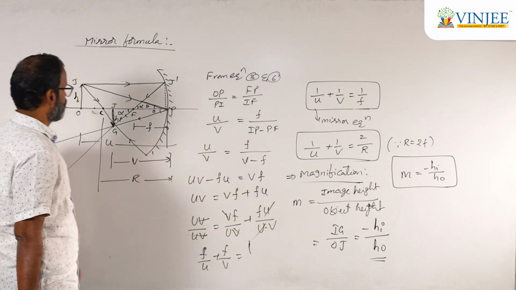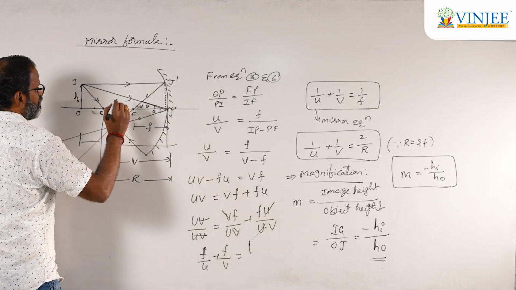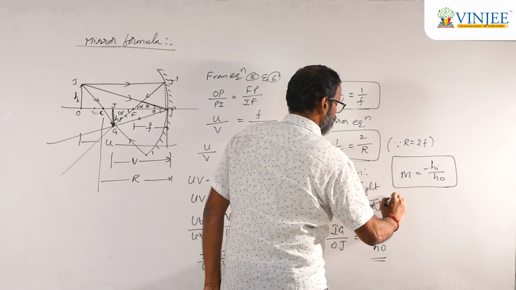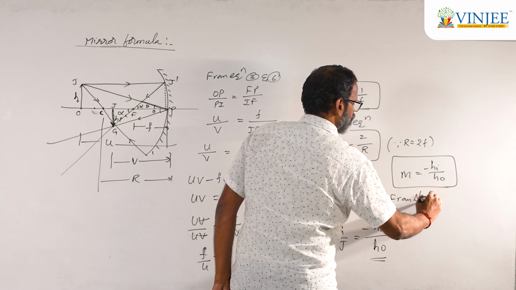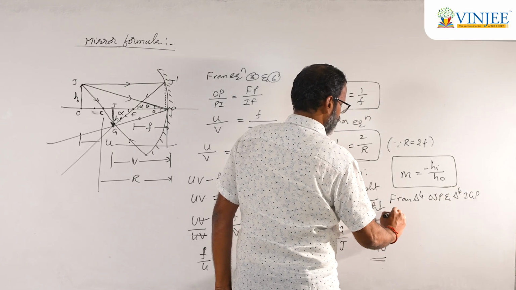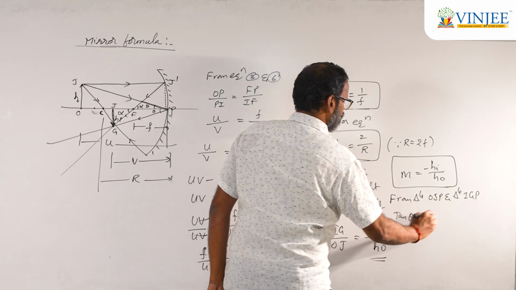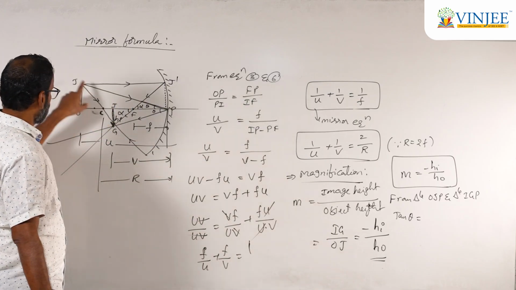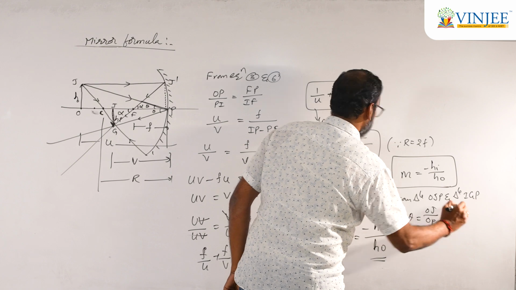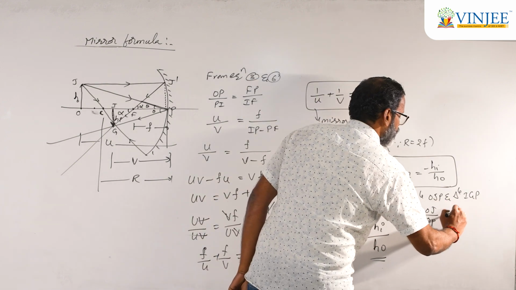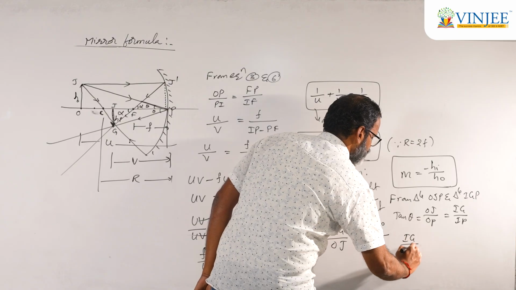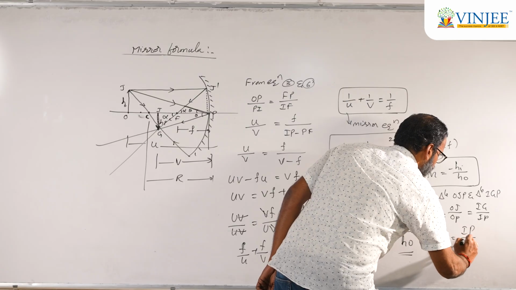From triangle OJP and triangle IGP, we can write tan theta is equal to opposite side OJ by OP is equal to IG divided by IP. That implies IG divided by OJ is equal to IP by OP.